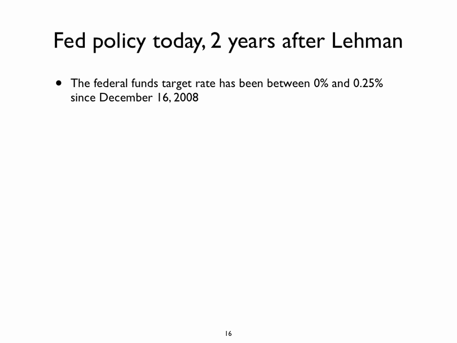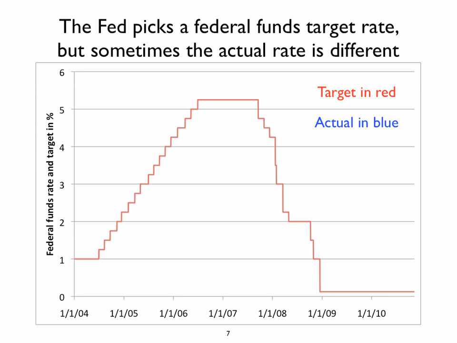This bears repeating. So here's the Fed funds target rate. Sometimes the actual rate is different. There's the actual rate, but you can see that we basically have been down at 0 for 2 years now. So it's been a very, very long period of time. Fed policy has had to adjust.